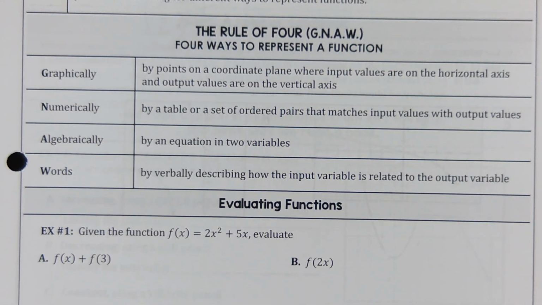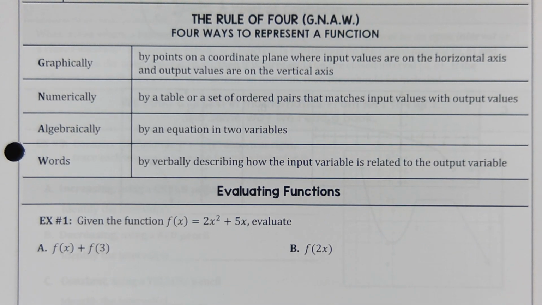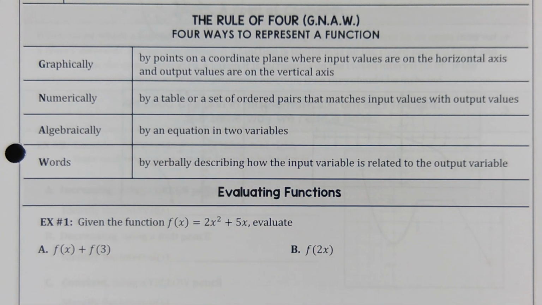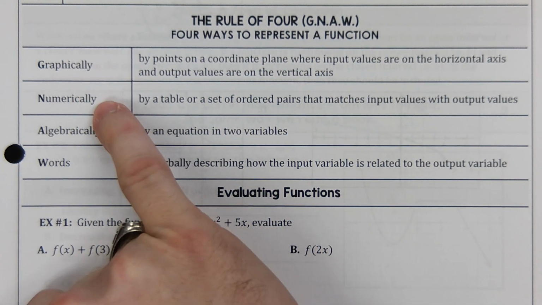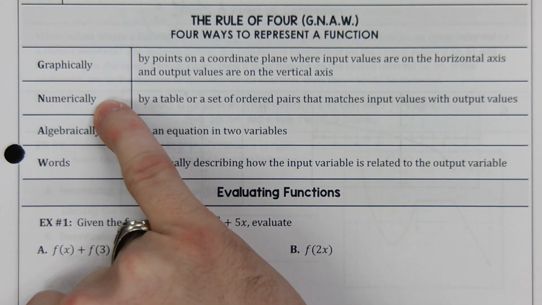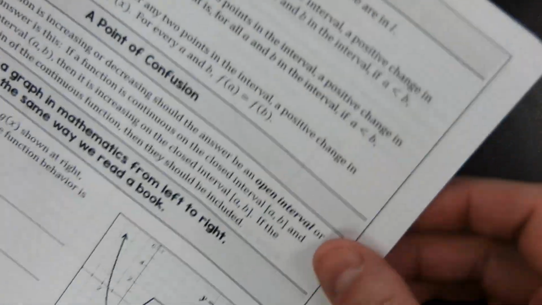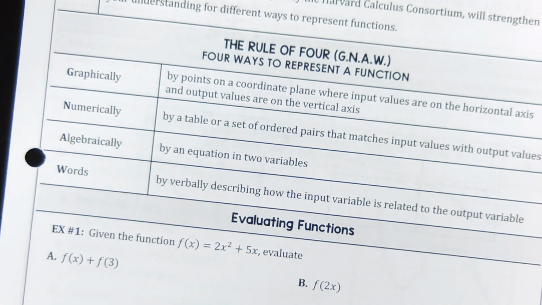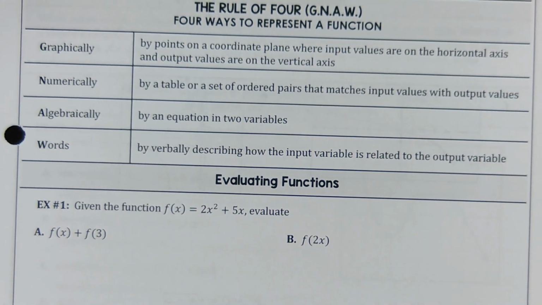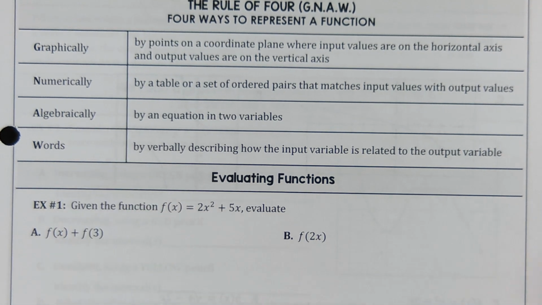But this rule of 4, no one's ever going to ask what's the rule of 4, but it's just talking about the 4 different ways that you could represent a function. You could do it with a graph. You could do it with numbers, and that's usually a table of data. A table of data just has a bunch of x's and then a bunch of y's, okay? Algebraically, that would be typically your function equation, right?